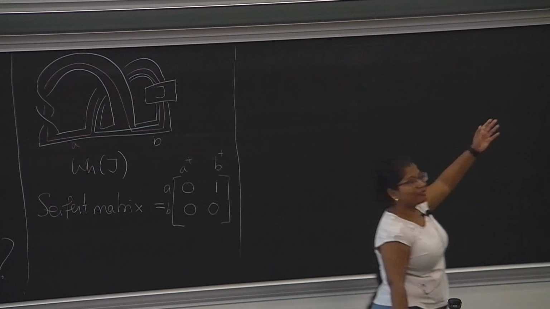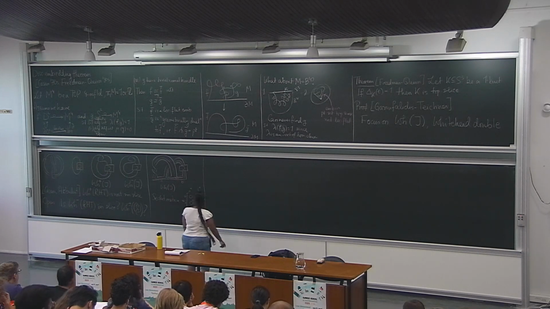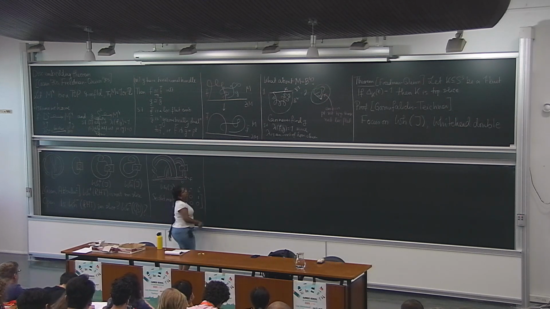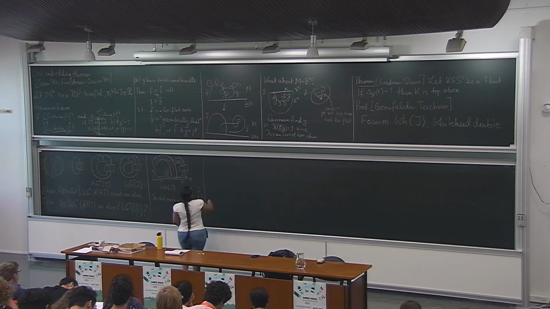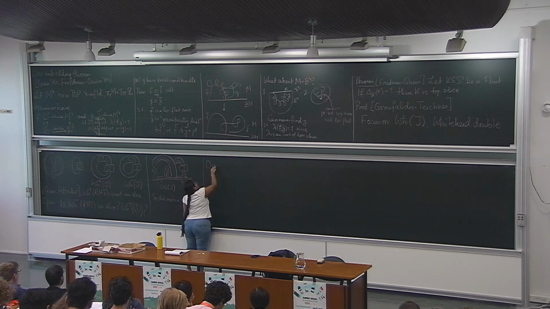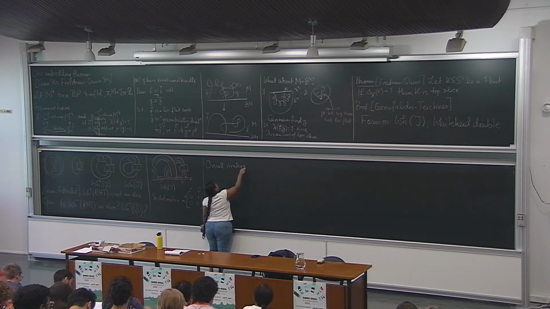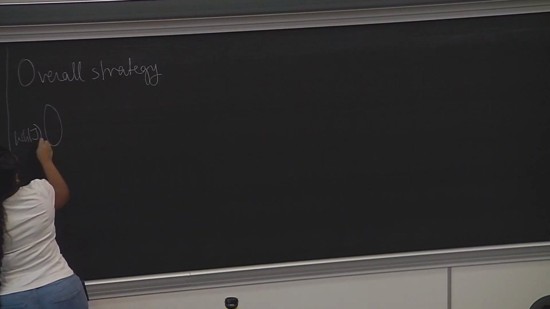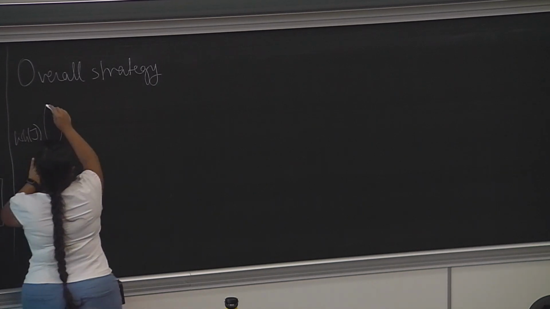With that lead up, we can finally get to the sketch of the proof. This is my Seifert surface F. So the overall strategy is the following. I have my knot, Whitehead of J, or more generally any Alexander polynomial 1 knot, and it's the boundary of some Seifert surface.